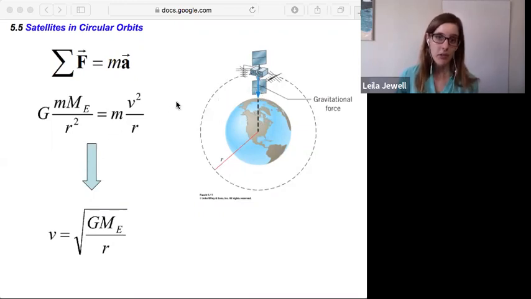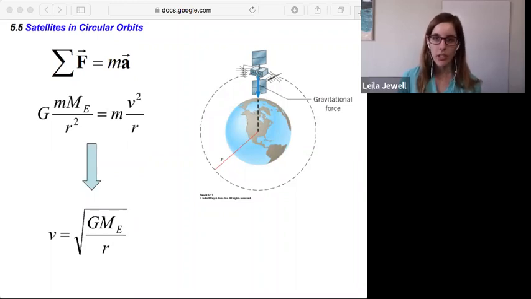The mass here is the mass of the satellite, and we have that on both sides, so it cancels out. We can also cancel one of our radii, and then take the square root, which gives us the speed the satellite needs to stay in a circular orbit: the square root of G, our universal constant, times the mass of the Earth divided by our desired radius. This could apply to other massive objects than the Earth, but here we have it in terms of the Earth.